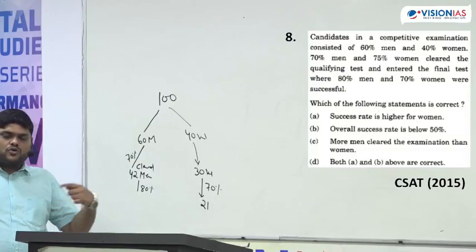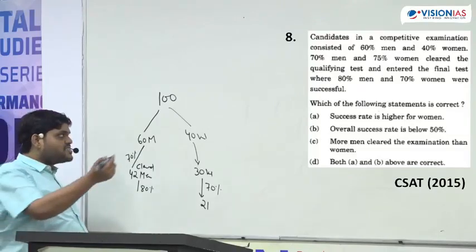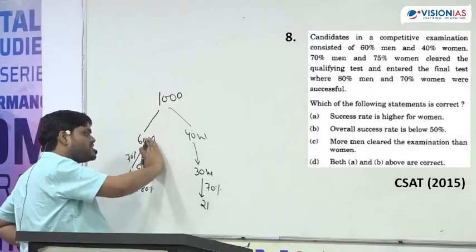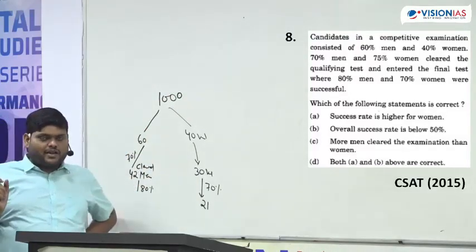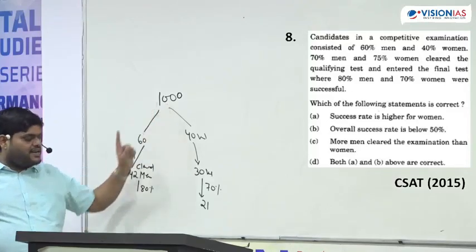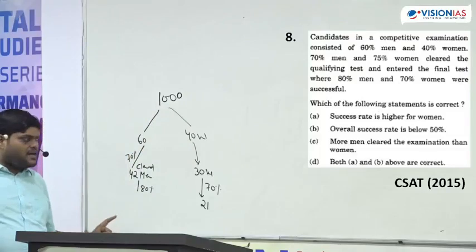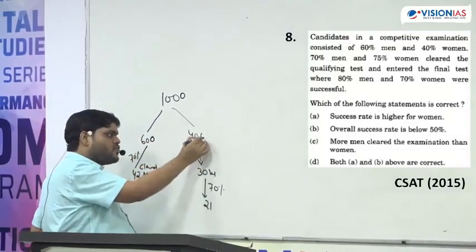So how to overcome this problem? We can simply add a 0, because as I told you, when everything is given in percentage, we can assume any value, and the best way is to assume 100. But when we take 100, one value comes in decimal. So the better way is to just add one 0 everywhere.